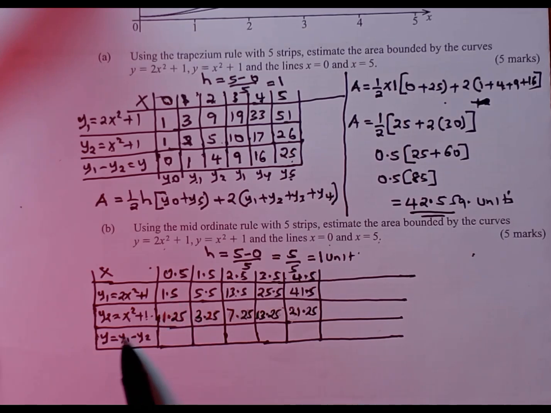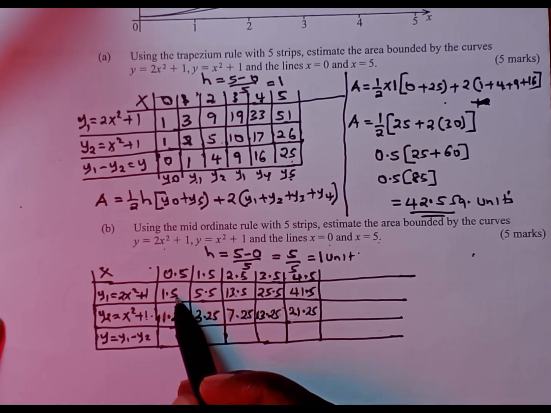We are now getting y by taking y1 minus y2, which gives us 1.5 minus 1.25, you get 0.25.